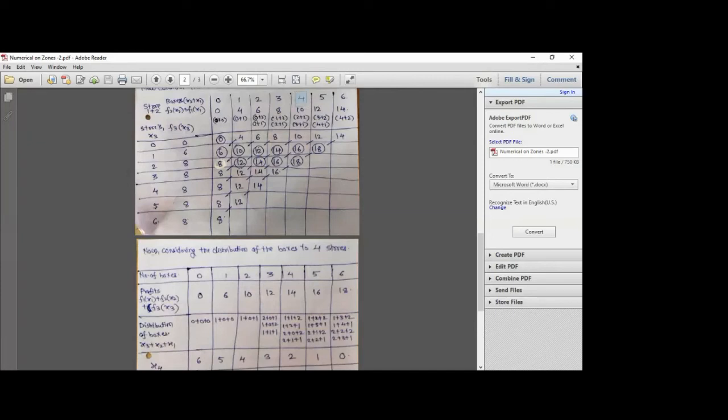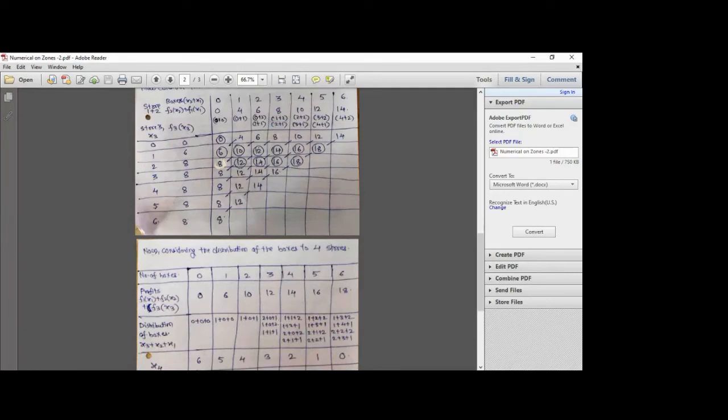Similarly, if I'm considering 4 crates, the values are 14 here and 14 here, right? For the first 14 value, it is 1 plus 1 plus 2, and next it will be 1 plus 2 plus 1.